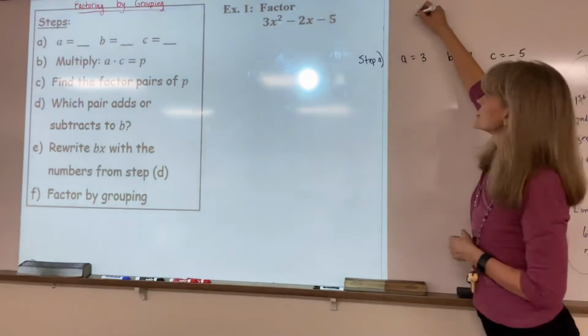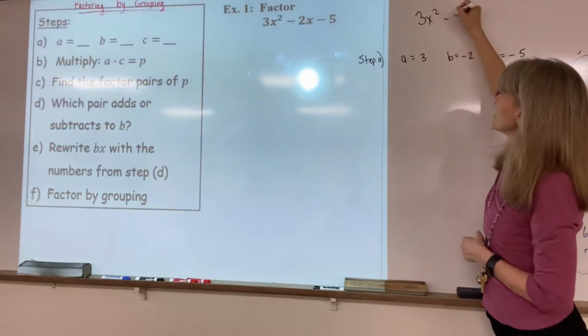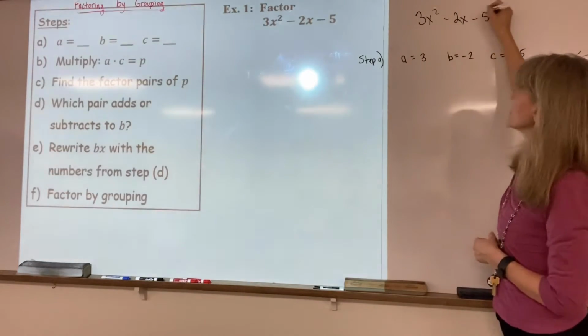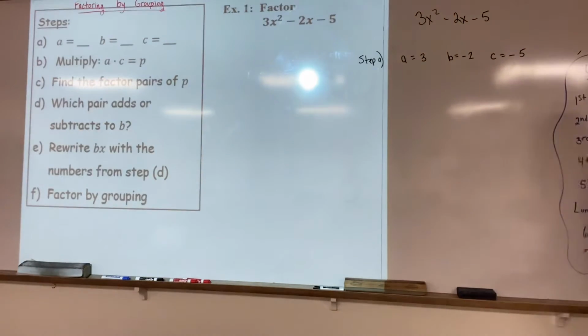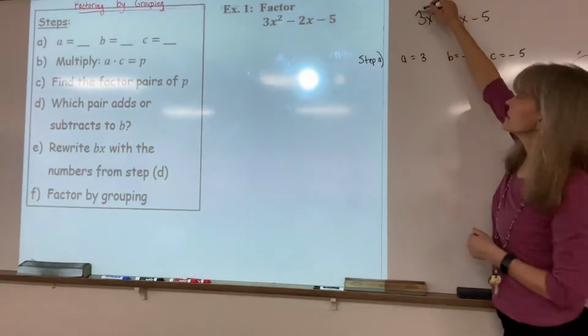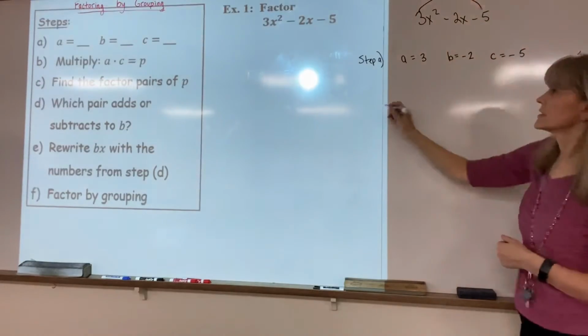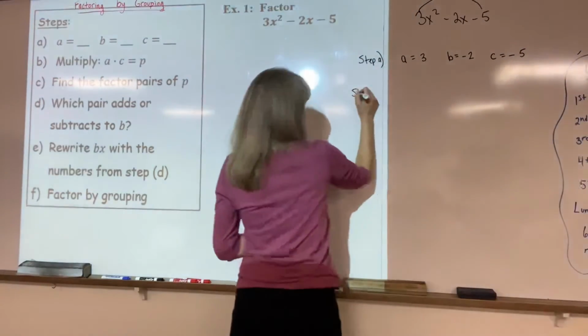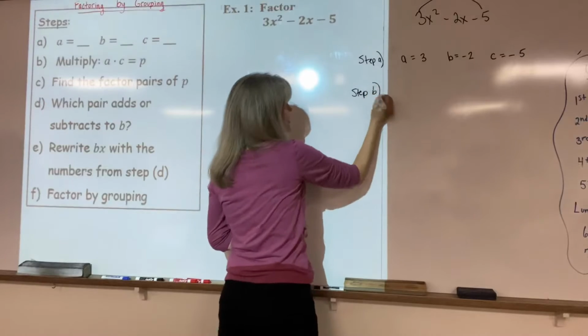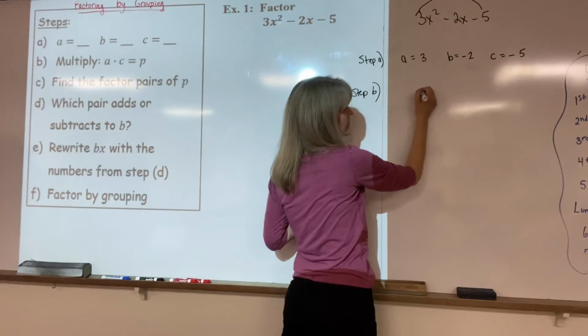I'm going to just rewrite this up here. 3x squared minus 2x minus 5. So then step B is multiply A times C. That is 3 times 5.